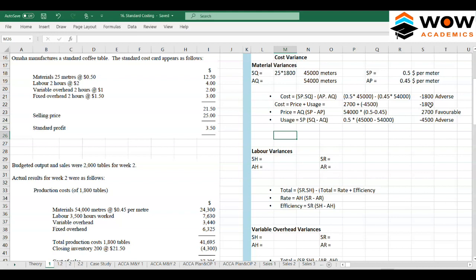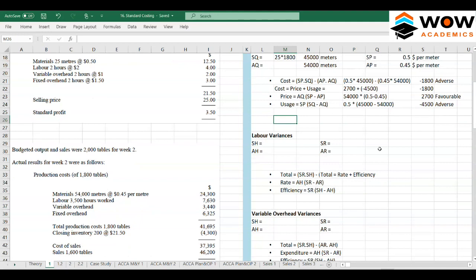So as material is there, material has a closing stock. So closing stock valuation is very simple.